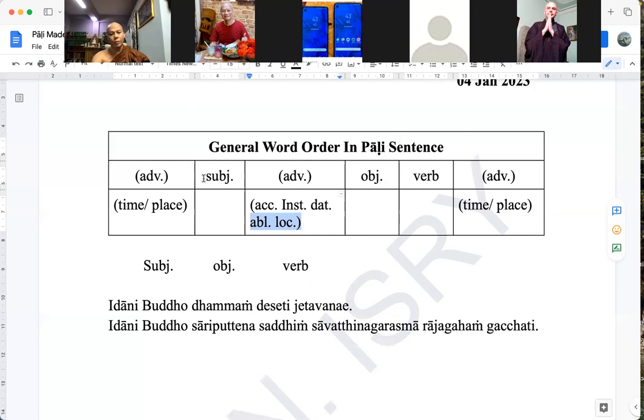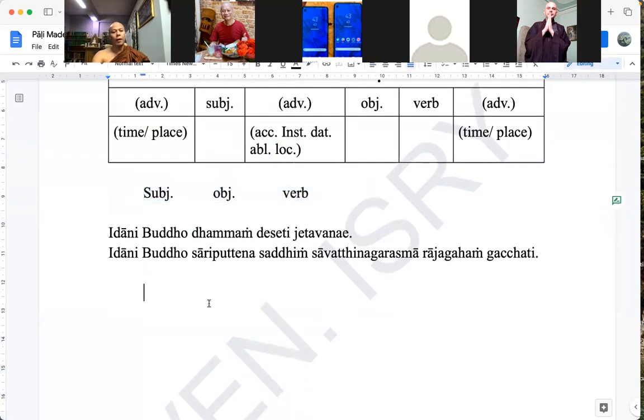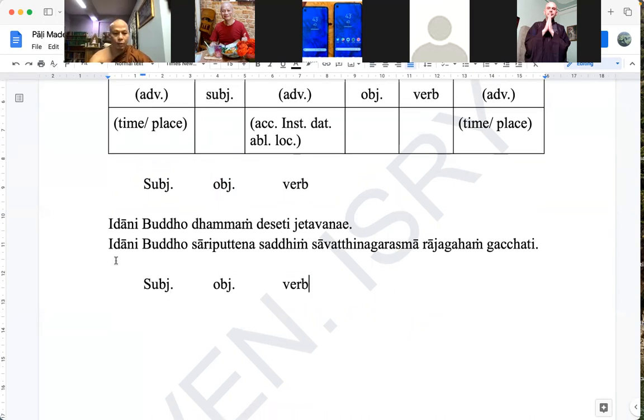Now, mainly, subject, object, and verb in the short sentence. In the basic sentence, Bodo is the subject, and then Dhamman, deseti.